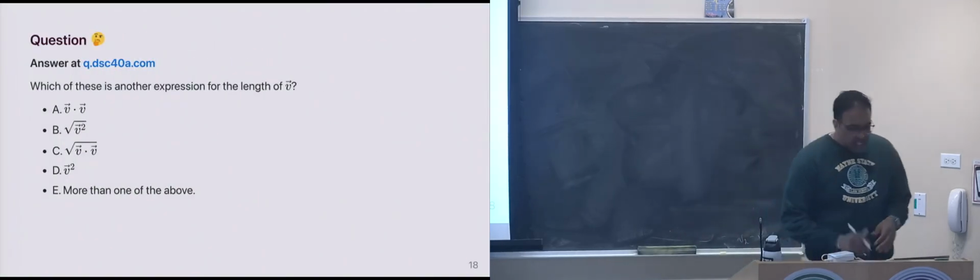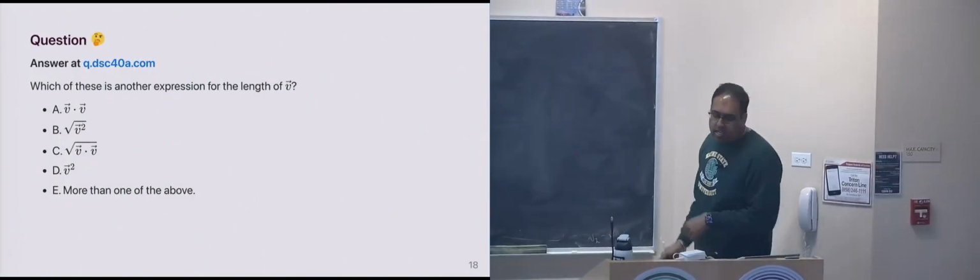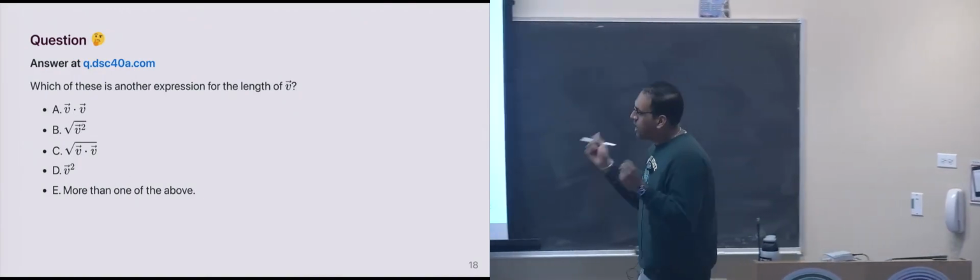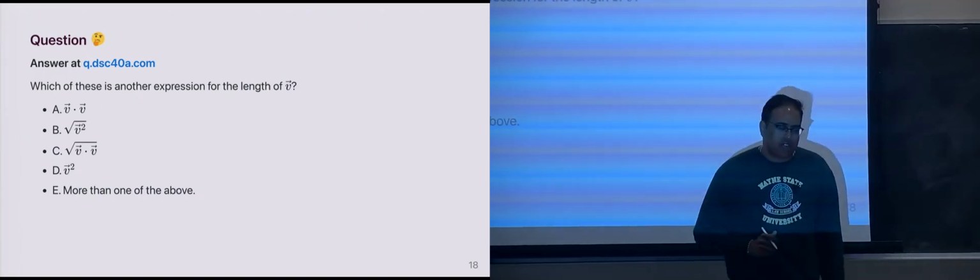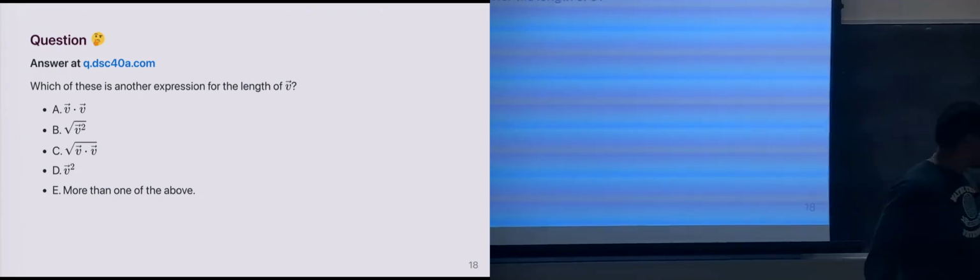Okay. To synthesize what we've seen so far, I want you to attempt this for a second. Well, longer than a second. Which of these is another way of expressing the length of the vector v? Okay?